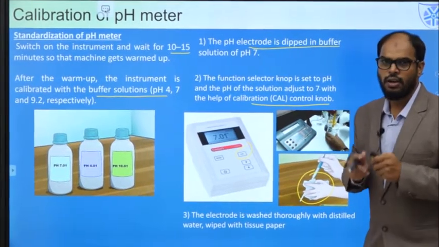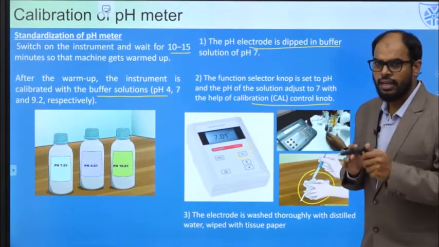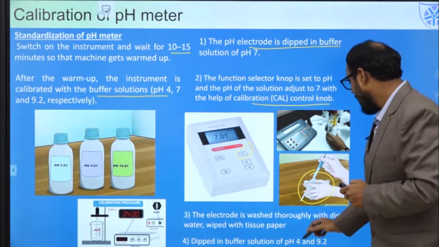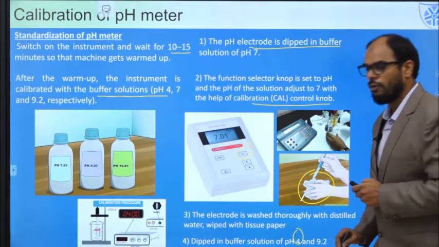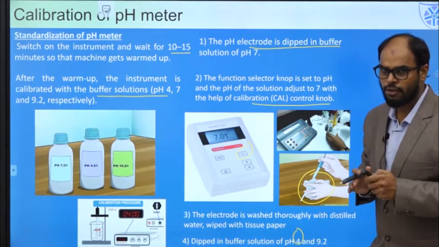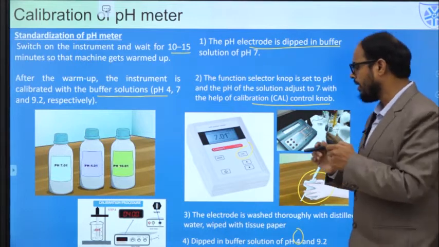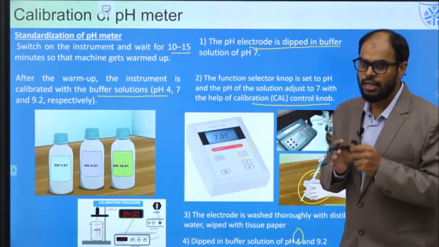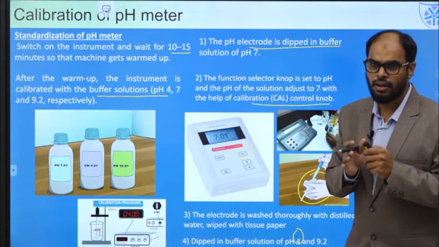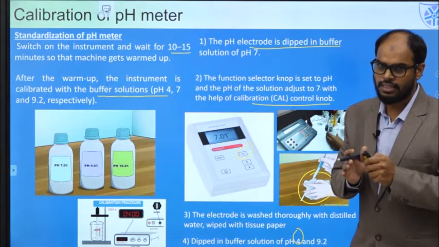Once we have done this, we again calibrate using a buffer of 4 followed by a basic buffer of 9.2. This calibration ensures that our pH meter is ready for determination of any unknown acid.